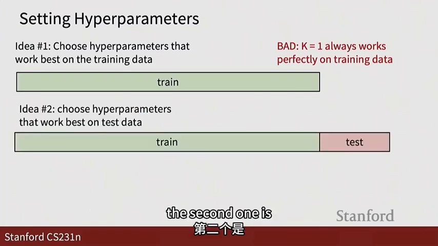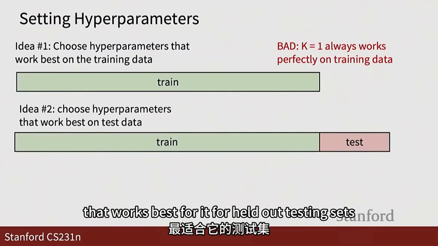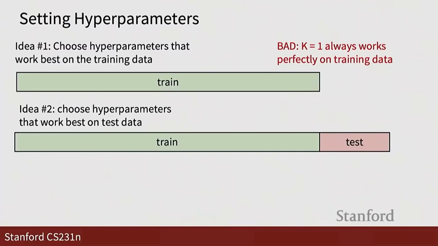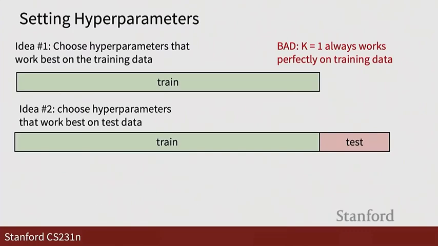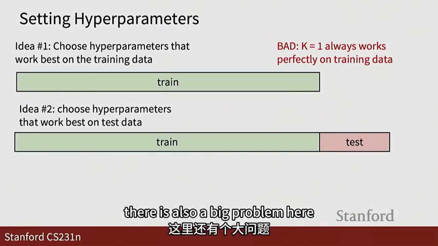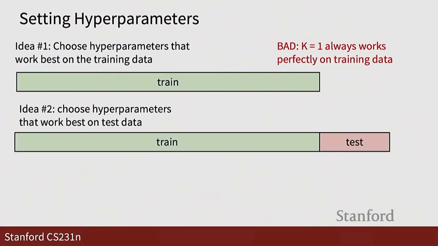The second one is choosing hyperparameter that works best for a held out testing set. While this is a little bit better than the first one, there is also a big problem here. Can anybody say why this is a problem?